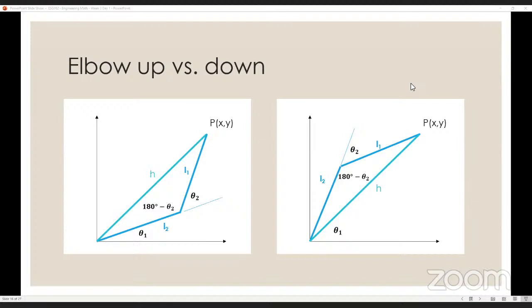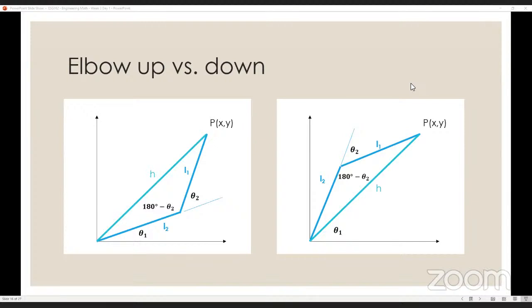So why would you test one versus the other? Well, I don't know what the workspace of this robot looks like. Is there something over here so that we can't go elbow up, and we have to go elbow down? Is there something in the way that makes that not possible? Those are considerations for a different class, ESG 330, Intro to Robotics, but you will all forget me talking about this by that time.